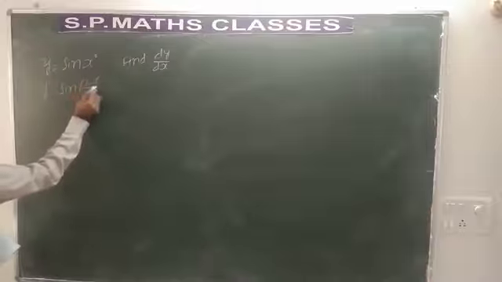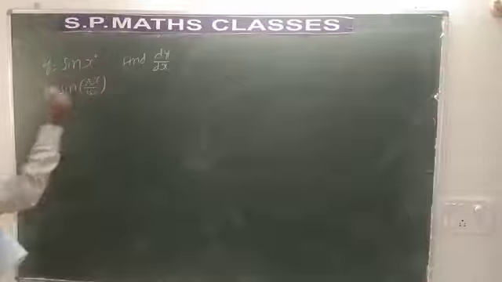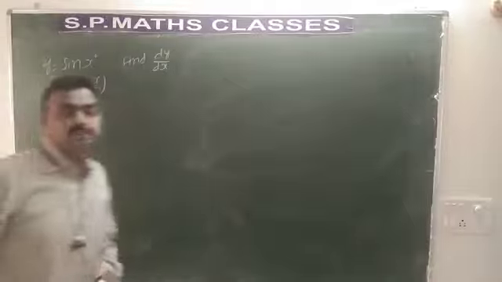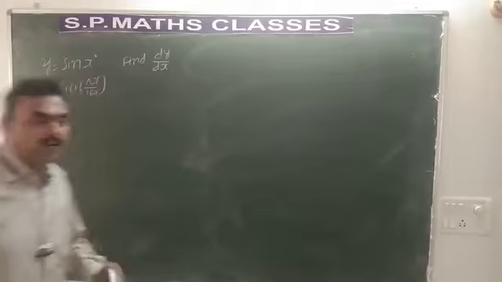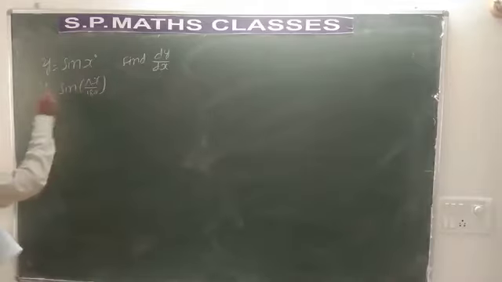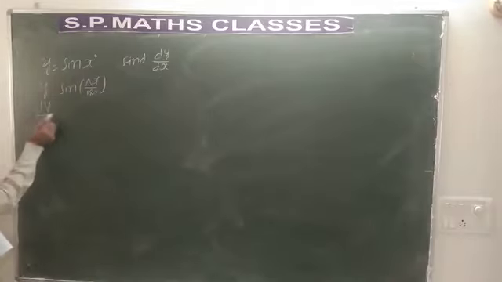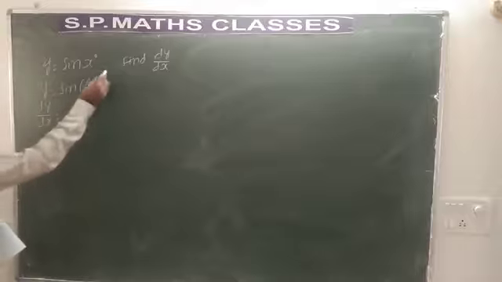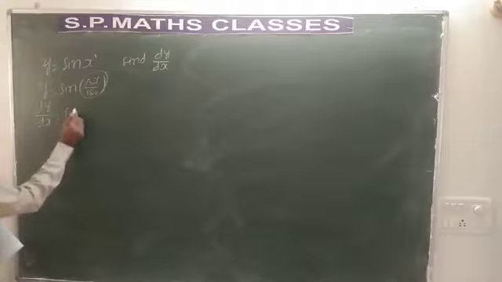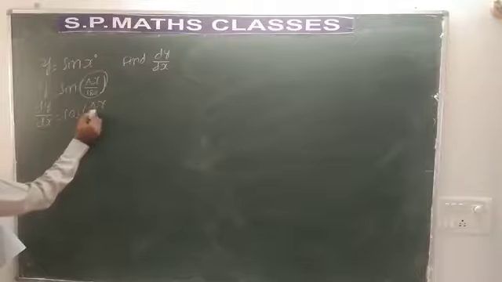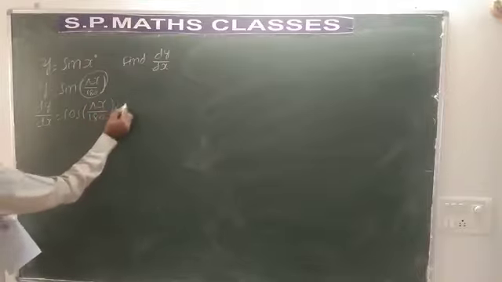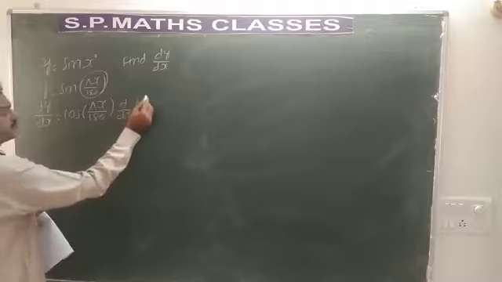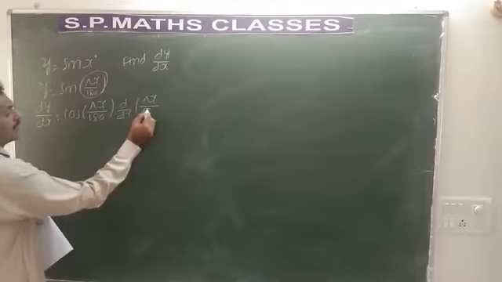X degrees means pi x by 180 radians. You know this. So let us take dy by dx here. This is sin of pi x by 180. The derivative is cos of pi x by 180 into d by dx of pi x by 180.